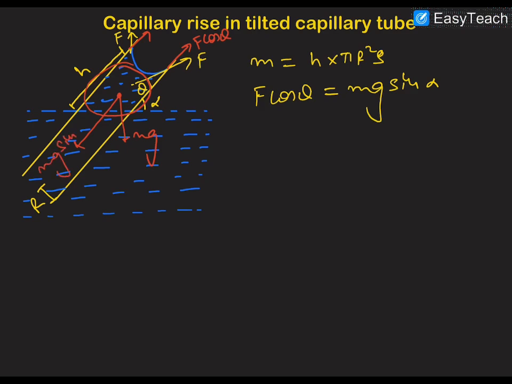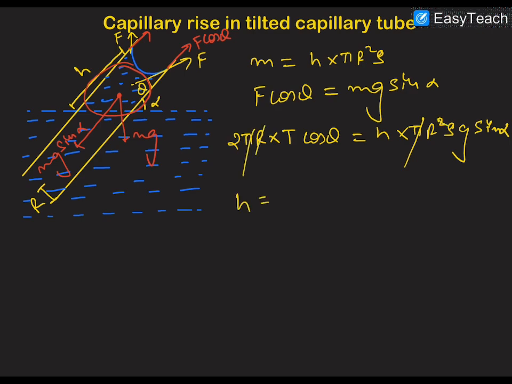So F will be equal to 2 pi R into surface tension T, because there is only one free surface, and this cos theta, theta is the angle of contact obviously, and this mg is h into pi R square rho g sine alpha. So cancelling pi with pi, R with R, h is equal to 2T cos theta upon R rho g sine alpha.